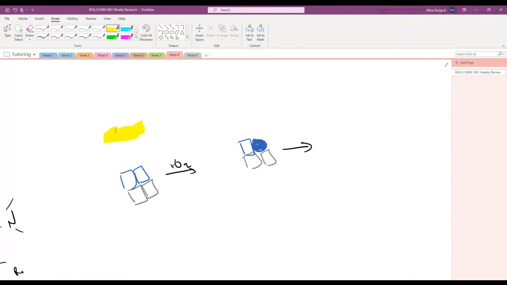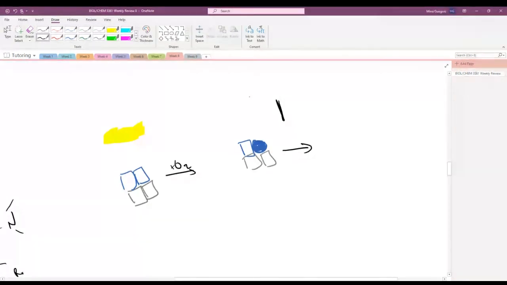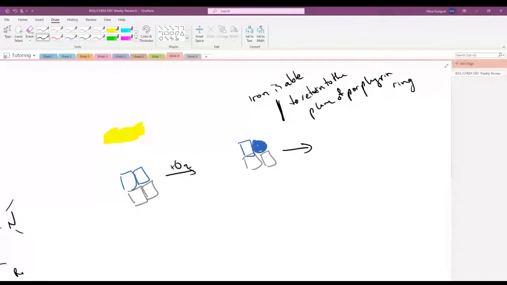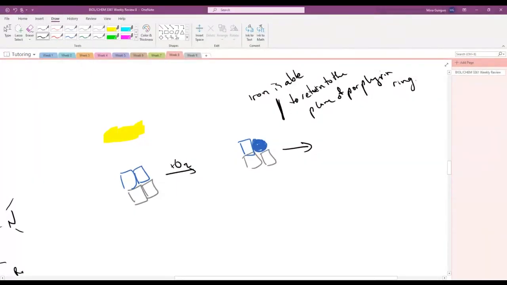I don't know the exact details of why that happens, but the big thing here is once oxygen binds, the iron is able to return to the plane of the porphyrin ring. Does that make sense? I just want to make sure that what I'm saying is actually logical.